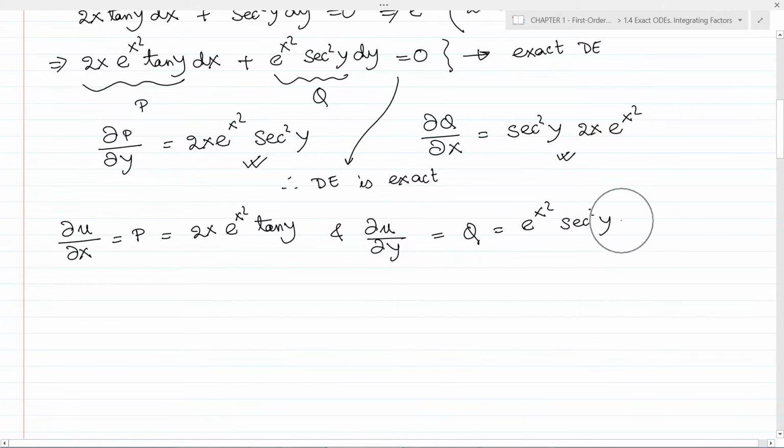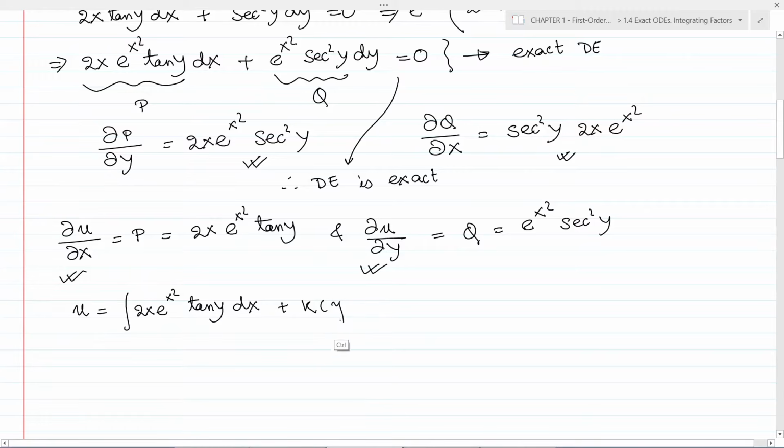sec square y. Now we can use either this equation or this equation to find the provisional value of u and then the final value of u. Let us take the first equation. We have u equal to integration of 2x e to the power x square tan y dx plus K of y.